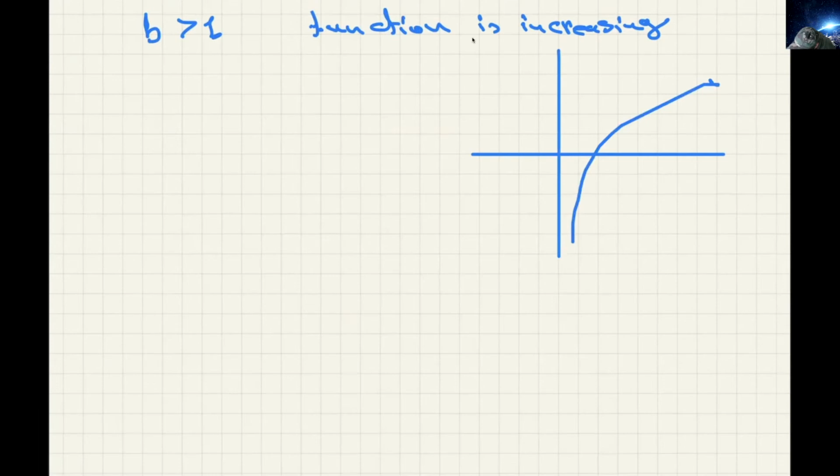It passes through 2 points. Here must be 1 and 0, and here somewhere is b and 1. So this is the increasing function, where b is greater than 1.